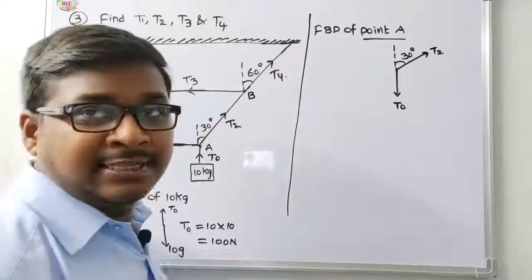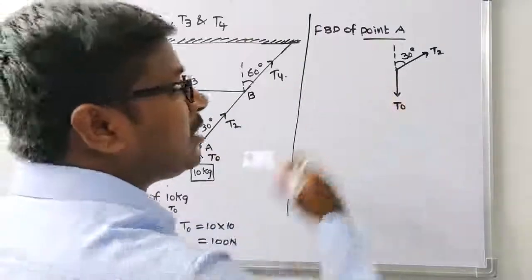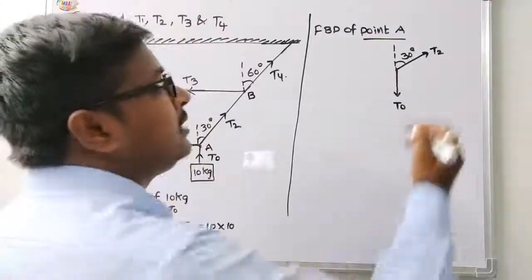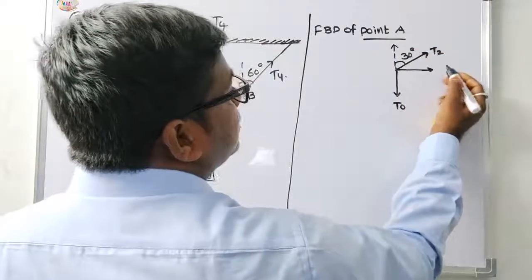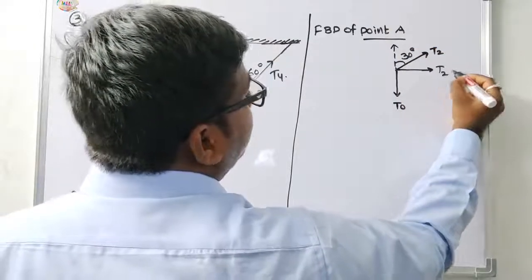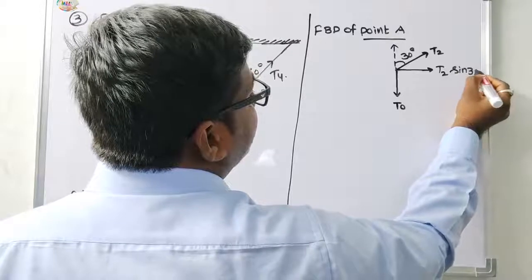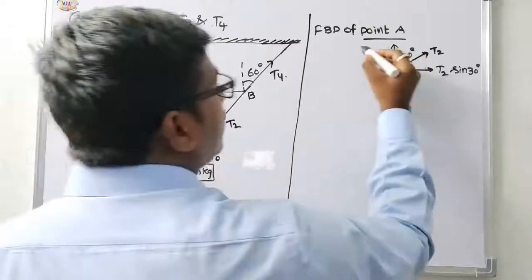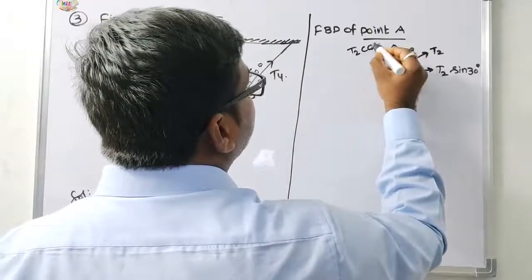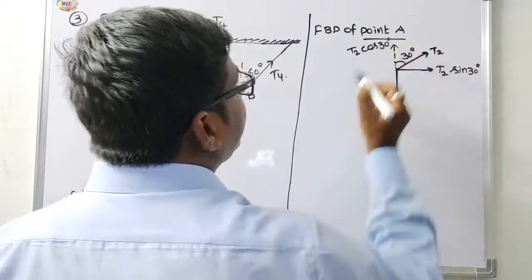It is resolved into two components, horizontal and vertical. The vertical component is T2 sin 30 and the horizontal component is T2 cos 30 degrees.